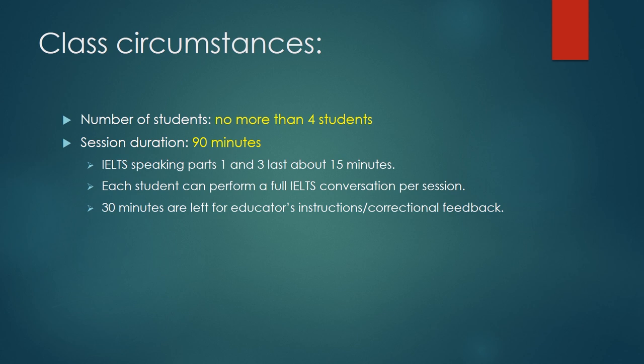Since parts 1 and 3, which are actual conversations between the examiner and the test taker, take about 15 minutes, students need 15 minutes each to perform a complete IELTS speaking test. With 4 students, about 30 minutes remain, which is the time granted to the instructor to leave comments and give feedback to the students and try to improve their speaking score.